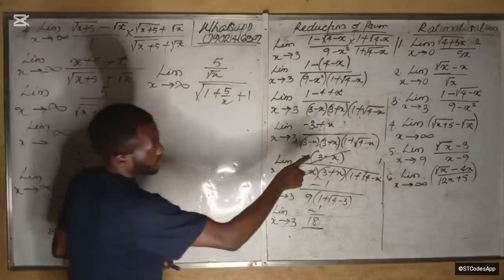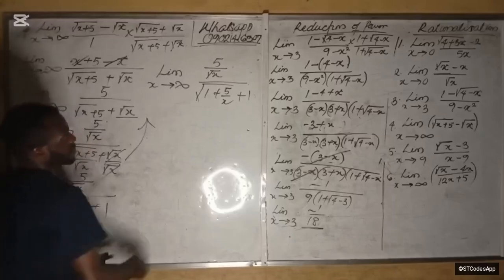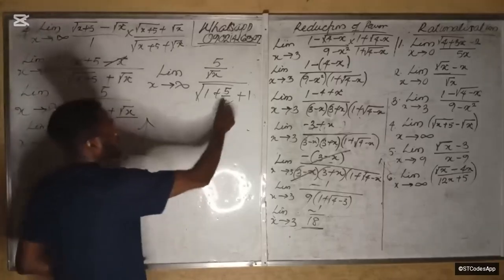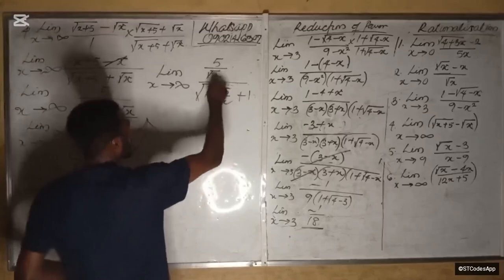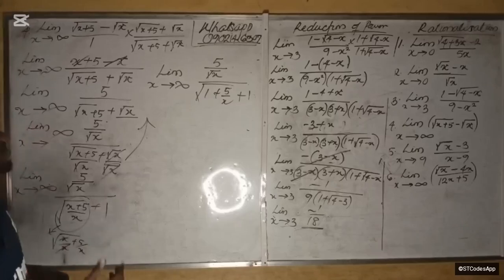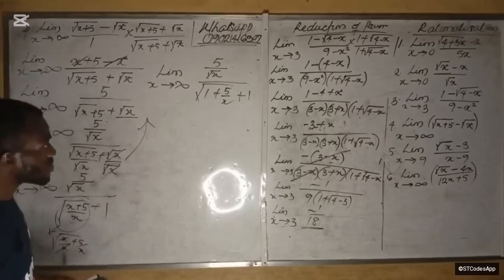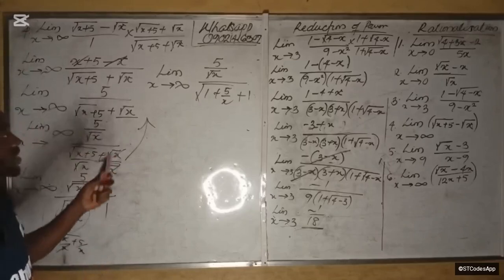Is it infinity? Yes, it's infinity. If we substitute infinity here, we get 0 here. If we put infinity here, square root of infinity is infinity, so 5 over infinity is 0. So the entire thing is 0.